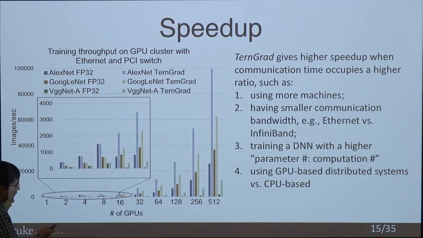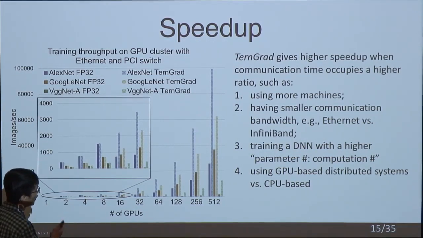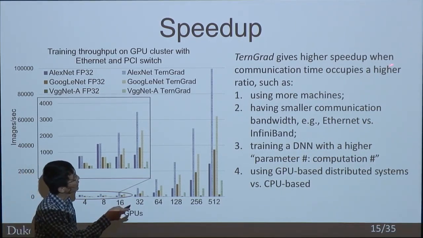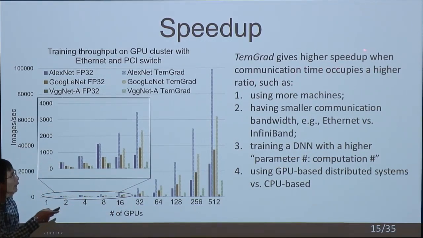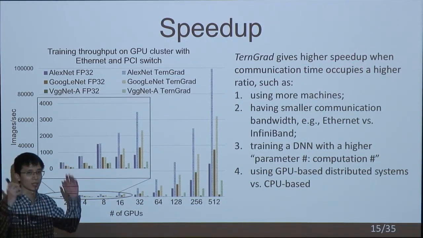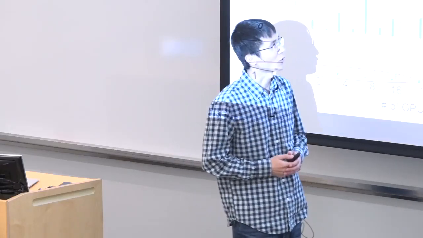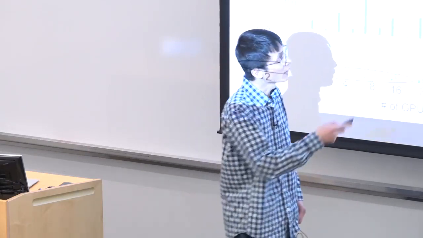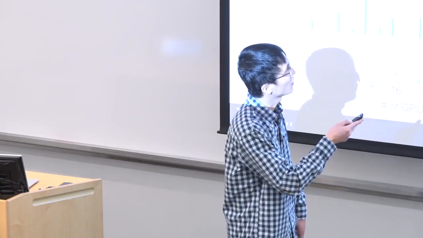We can always get a speedup. In general, TernGrad gives higher speedup if communication time occupies a higher ratio. That's obvious because we reduce the communication.